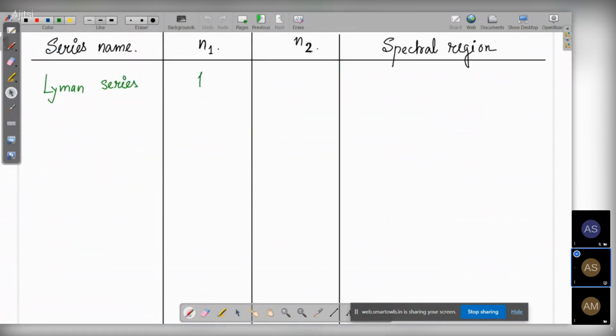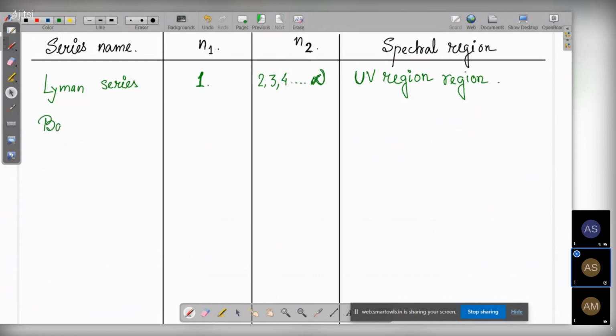That is why n1 is 1. And n2 can be 2, 3, 4, till infinity. It can be anything from 2, 3, 4, and the value of n1 is 1. The wavelength of this transition will come under the UV region.